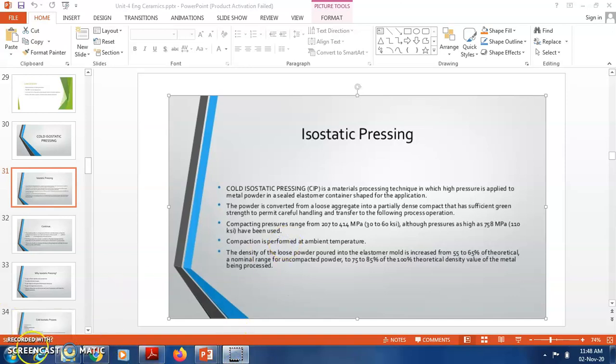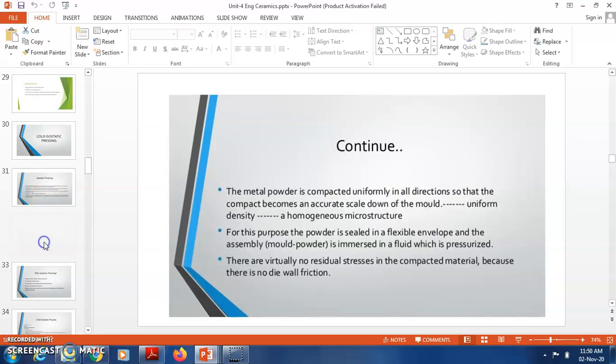Next, the metal powder is compacted uniformly in all directions. Due to that, the compact becomes an accurate scale-down of the mold. We can achieve uniform density and also a homogeneous microstructure.